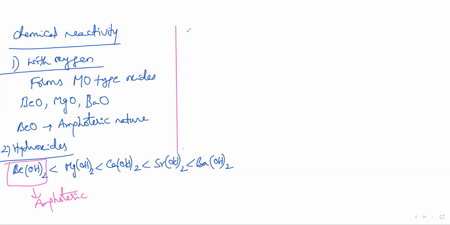Metal carbonates. Now, order of stability. Metal carbonates.